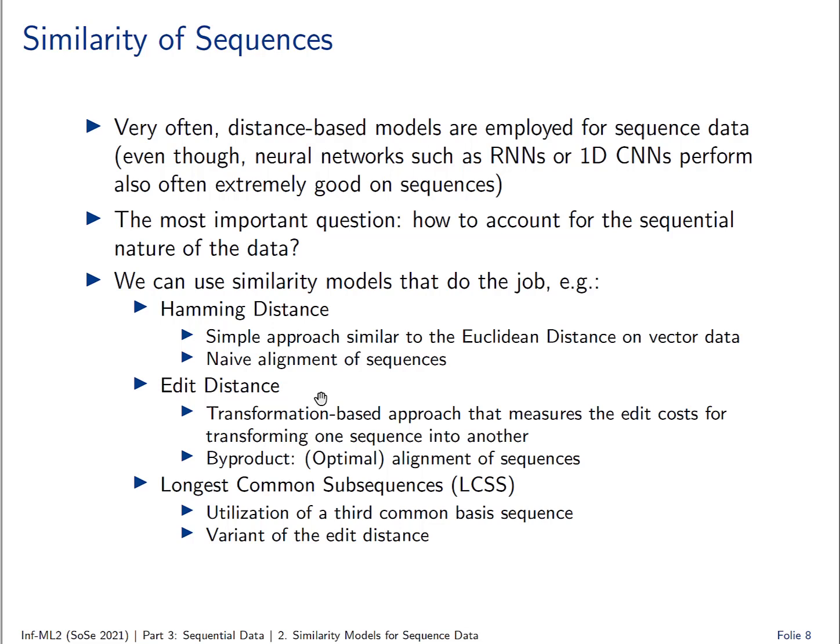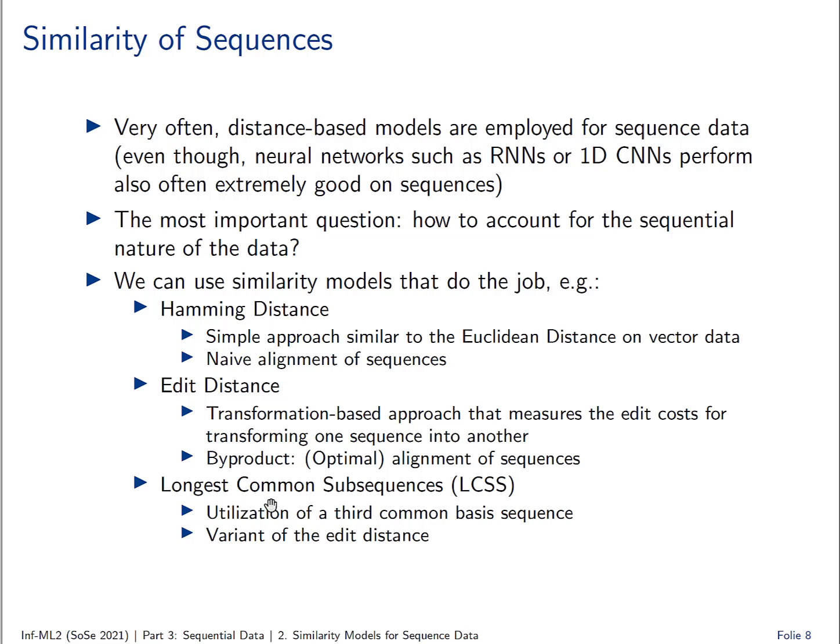A byproduct of this one is that it also reveals an optimal alignment of the sequences. So not each column from one sequence needs to be mapped to exactly the same column from the next sequence, but we can have a kind of flexible alignment of the sequences. And the third one here is the longest common subsequence.